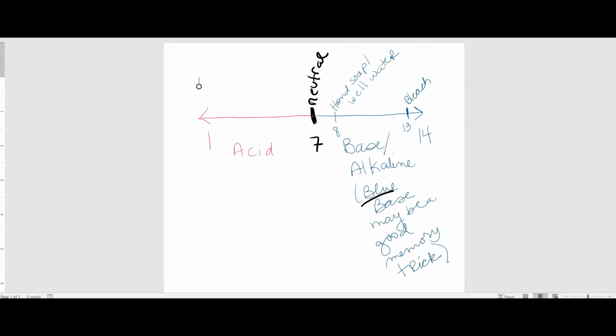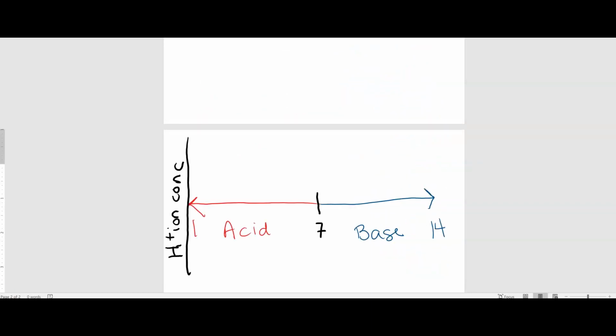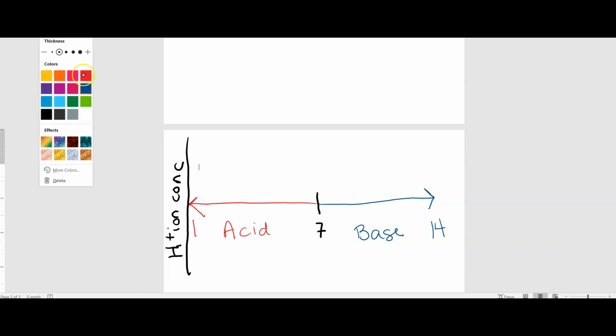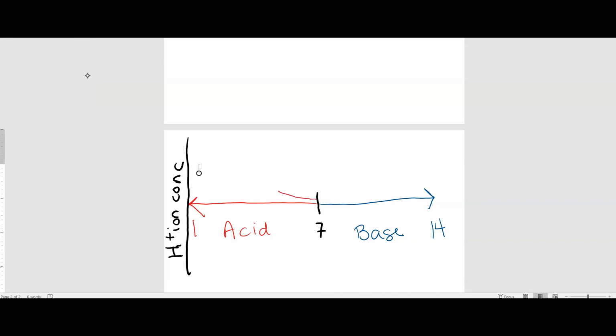The other thing I'll show you is a memory trick to help you remember hydrogen ion concentrations, because that's what pH is. It's a function of how much free hydrogen ions are in a watery solution. So if I'm looking at acids, the amount of hydrogen ion increases the stronger the acid is.